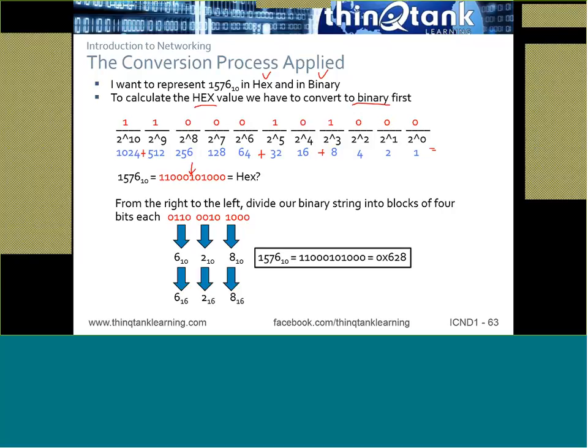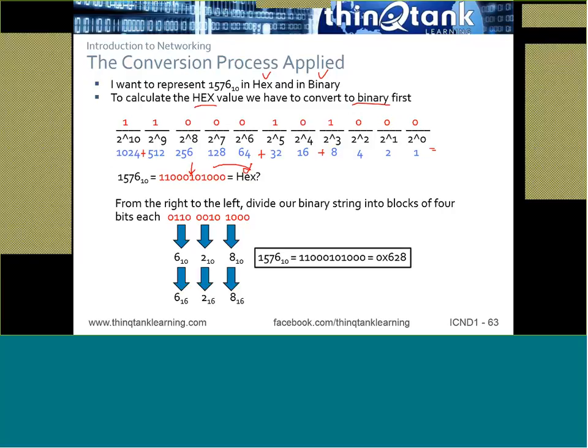Okay? What is the 0x in front of the 628 represent? Well, we'll get there. The question is, what does the 0x in front of the 628 represent? We'll get there. All right? But before we get there, how do I get from the binary value to the hex value? And this is why converting to binary is very important.